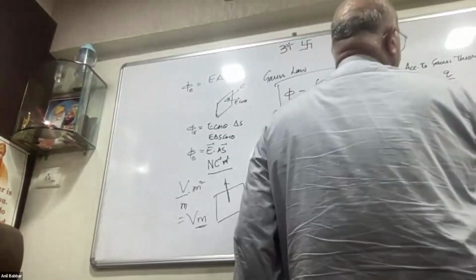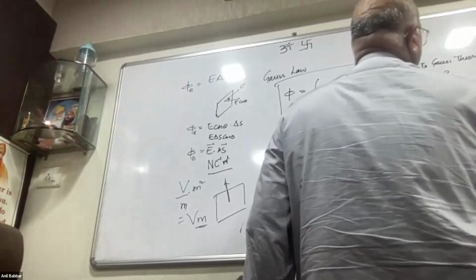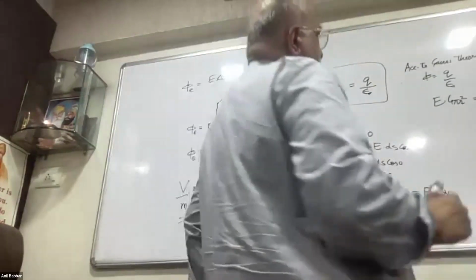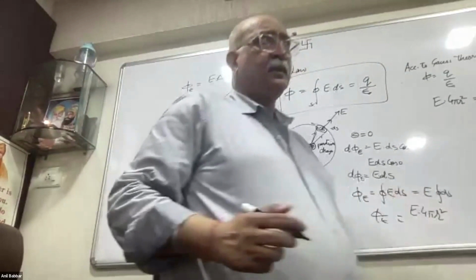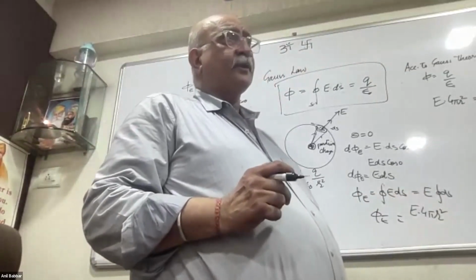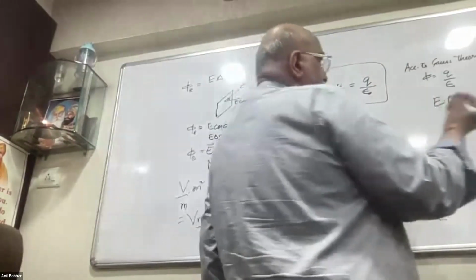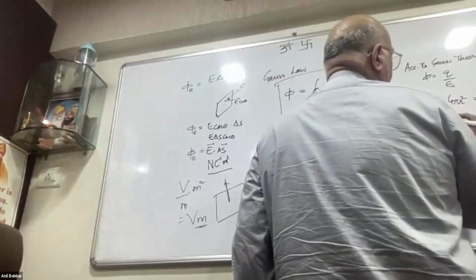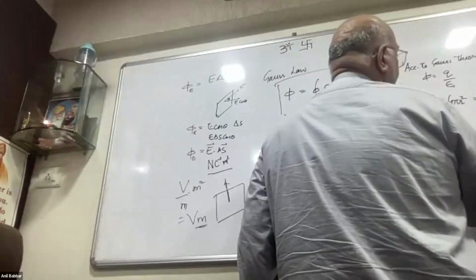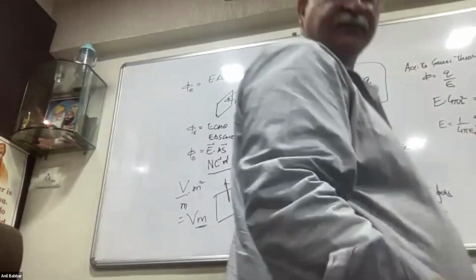That means electric field E into 4 pi r square is equal to Q by epsilon naught. So this E is 1 by 4 pi epsilon naught into Q by r square.